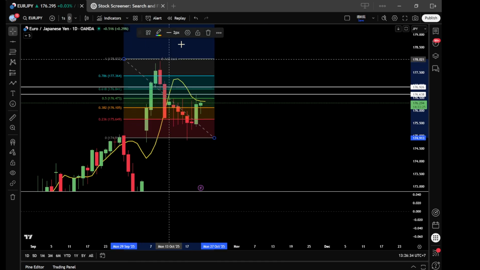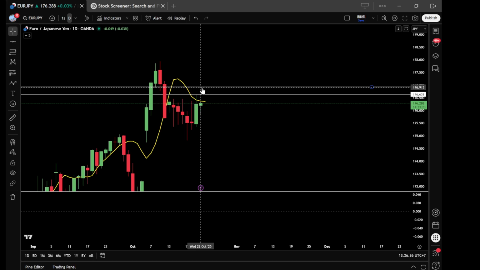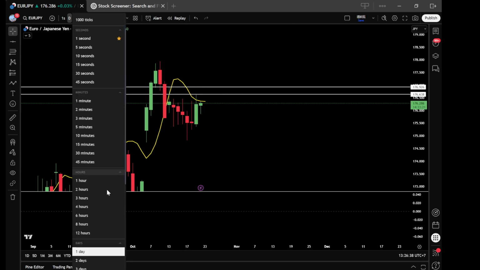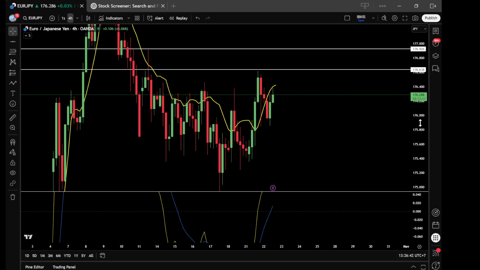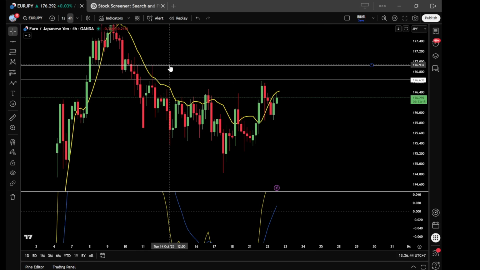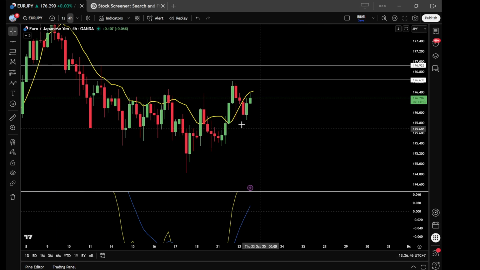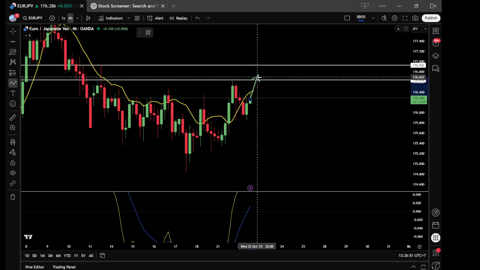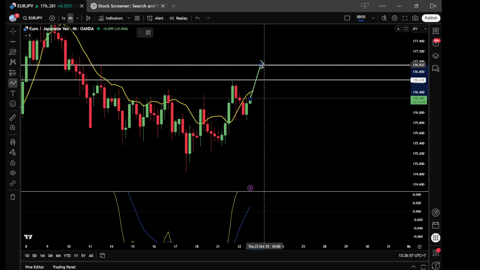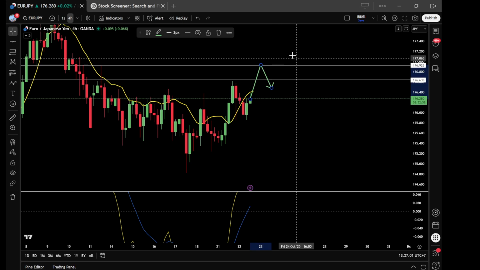So I'm looking just to sell up here on the 4 hour chart. I want to see the market break out through yesterday's high and move up towards 177. We can see we've got a bit of resistance there, so I expect some sort of reaction at 177, and then a sell off again there today.